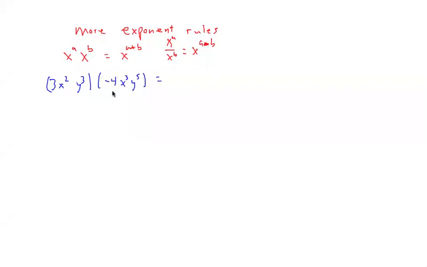So an easy problem here, all of this times all of this, I can turn that into 3 problems and just go 3 times negative 4, x squared times x cubed, and y cubed times y to the 5th. So altogether I have 12, 2 plus 3, x to the 5th, 3 plus 5, y to the 8th.